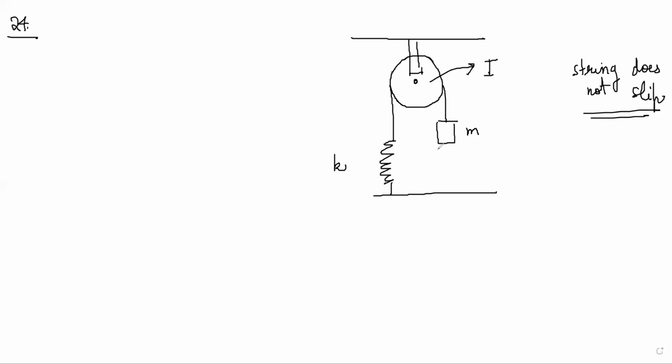Now there are two ways to do this question. One way is by the force method. If it comes down by X amount, what is happening? But the force method is a little harder here. What you should do is the energy method. So I'll show you how to do it by the energy method.